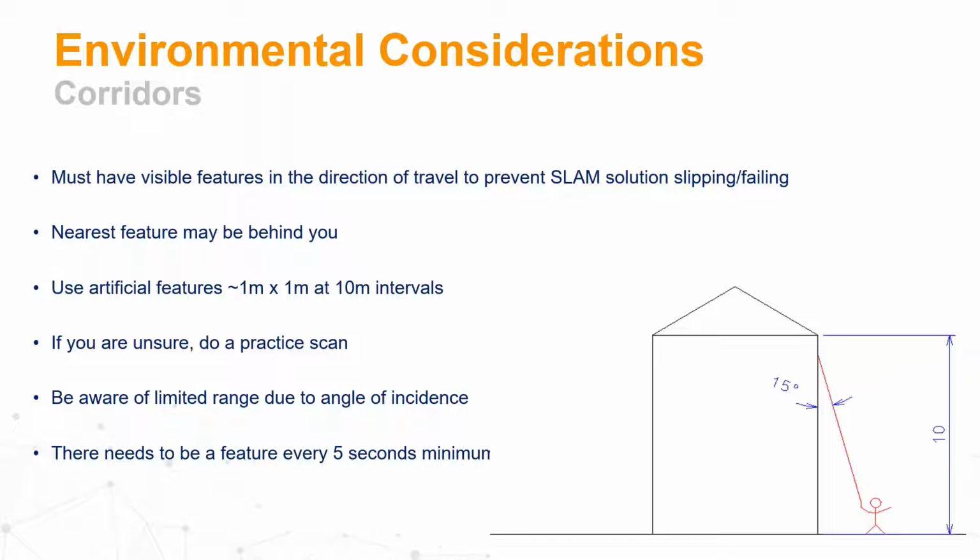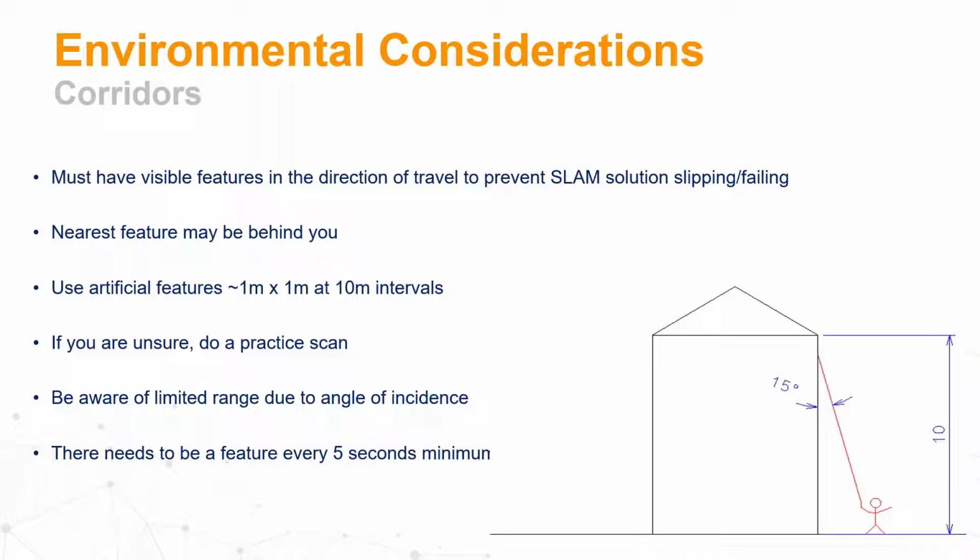And just one thing to have in mind is the scan angle of incidence. If there is a feature in the long corridor in front of you, you really want to walk towards it to approach it fully, not to just point to it from a great distance of 10 meters or so.